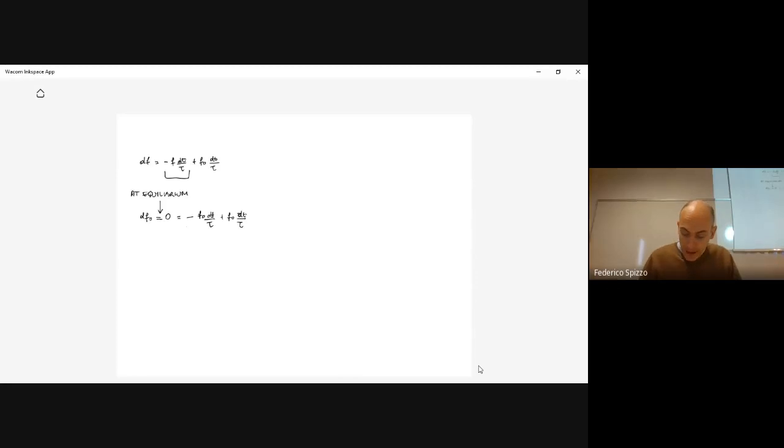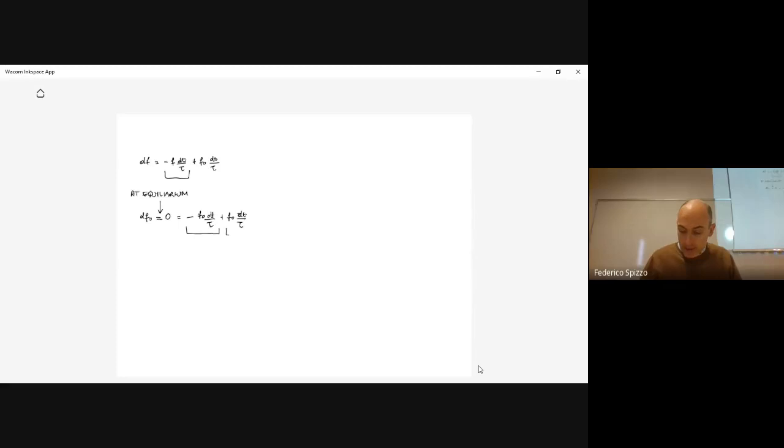So the first term has exactly the same justification that I used to justify minus f times dt divided by the relaxation time. The second term at equilibrium has to be there, because it has to be exactly equal to the initial term. Otherwise, df0 is not 0.